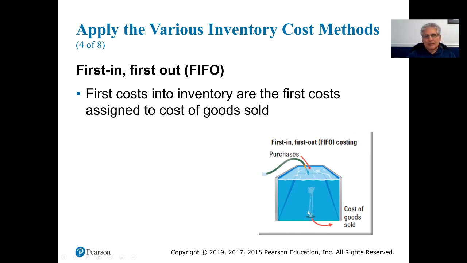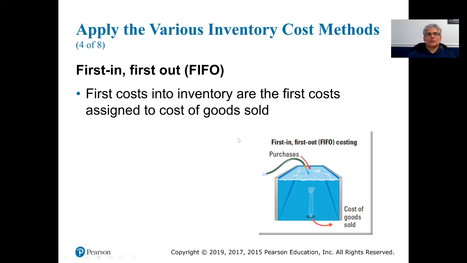The first that came in is the first that goes out. First in, first out. This is probably close to 90+% of all inventories that really follow this method because it makes sense, especially if you have something that is perishable and you don't want old inventory sitting around.